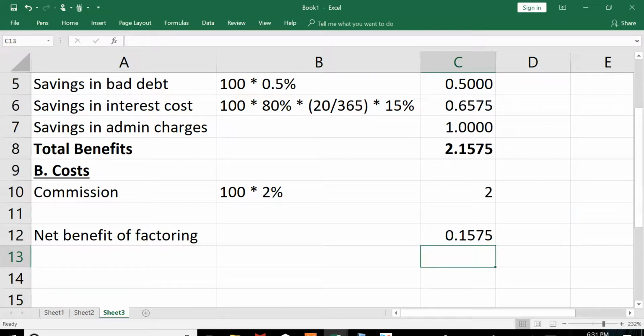There's a net benefit of 15,750, so I go ahead with the factoring arrangement.